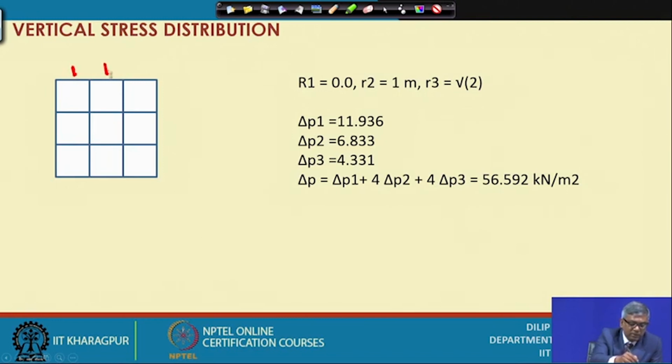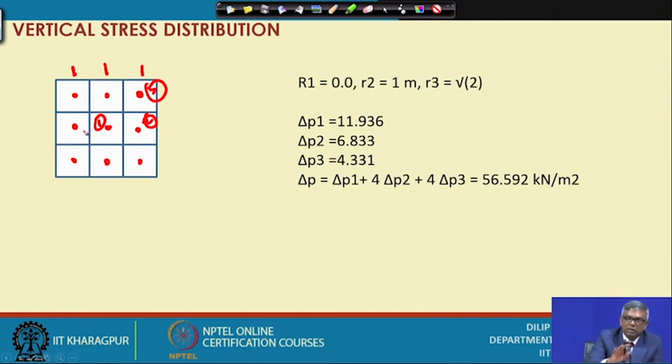So, these become 1 meter, these become 1 meter, these become 1 meter, and now I consider that the center of each is where a point load is applied. So, that means 9 concentrated loads to be applied at 9 locations, and because of that the total effect is to be obtained at this point. So, first is 1, and this is 2, and this is 3, I am numbering, and you can see it is symmetric.